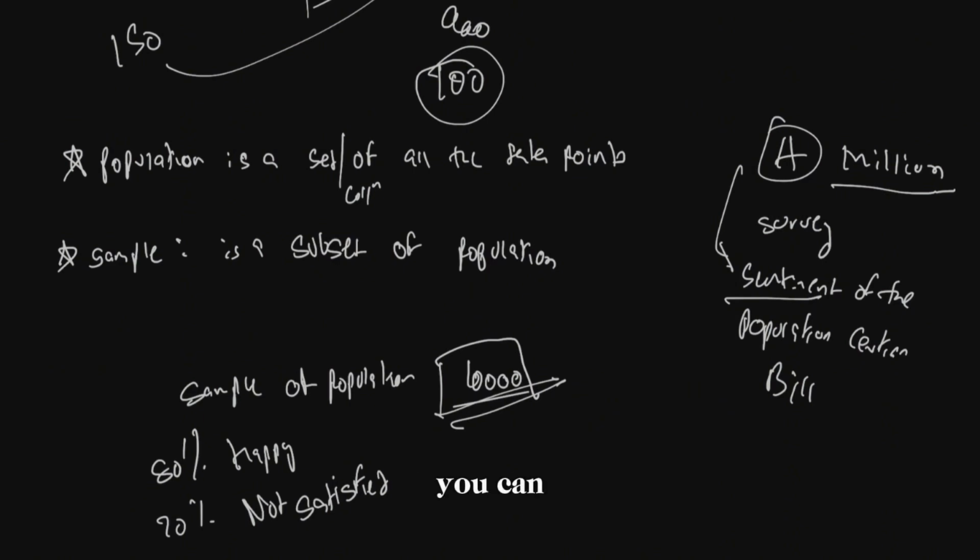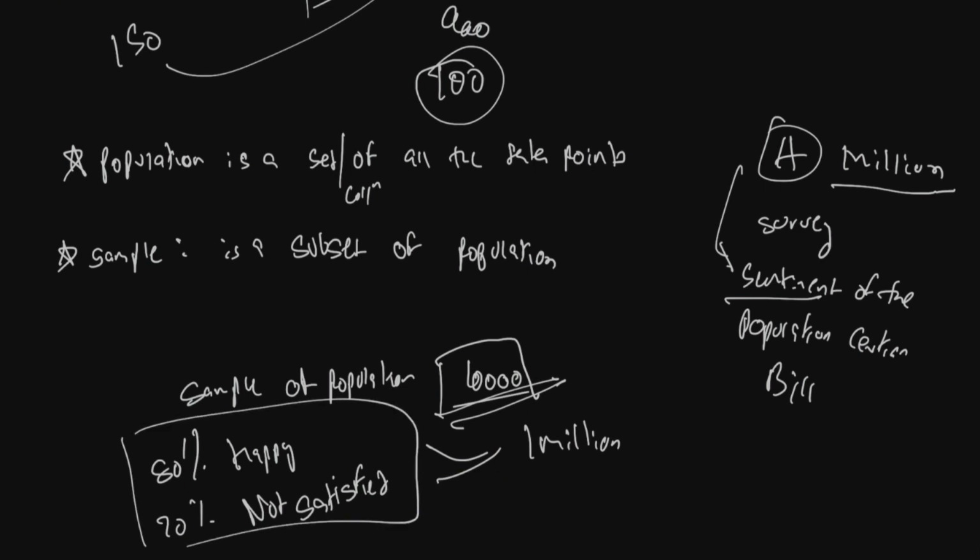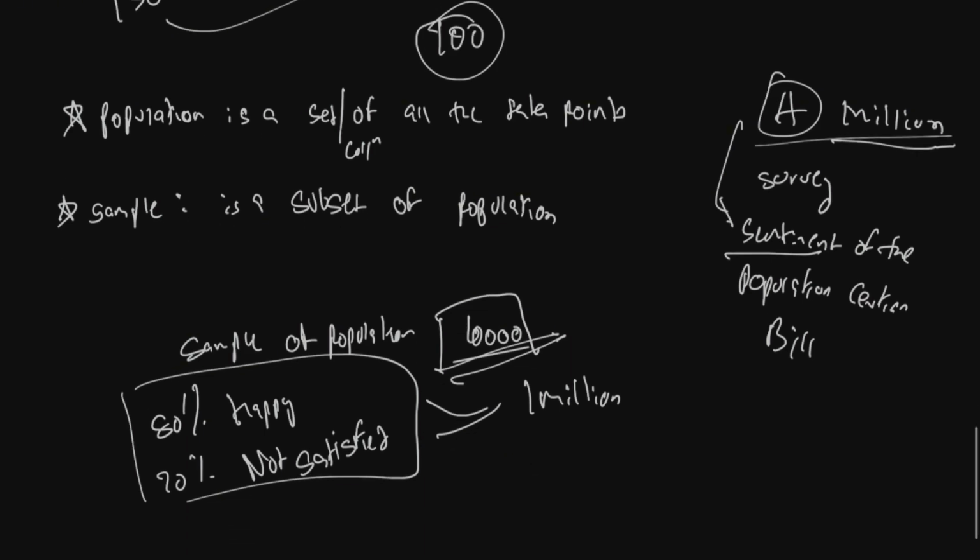You can pretty confidently say that if this was done for the whole country, the 1 million people that live in the country, it would be approximately equal to the sample. That's why a sample is very useful when it comes to a bigger population, because you cannot always go for the population and ask them to fill survey forms.